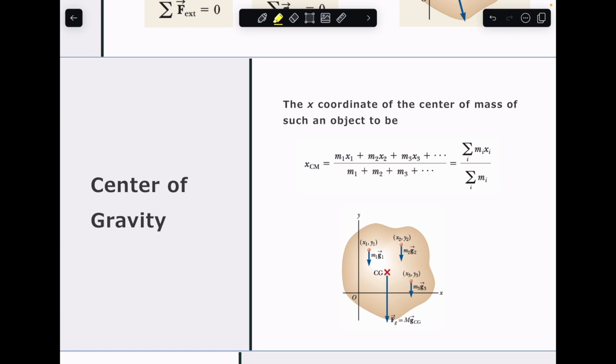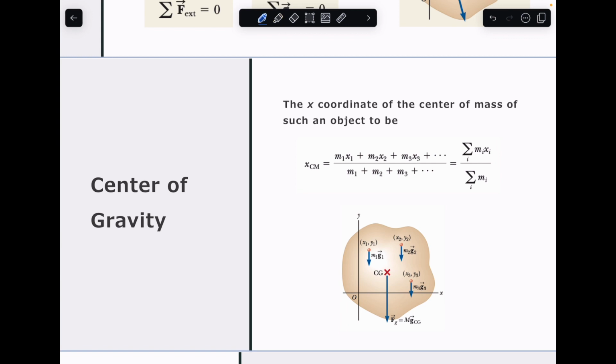Similar to the center of gravity, the centroid could also be found using the same formula. The only difference is that instead of using the mass, we exchange that for the area. The x sub 1 there corresponds to the x coordinate for the centroid, just similar to the given figure.